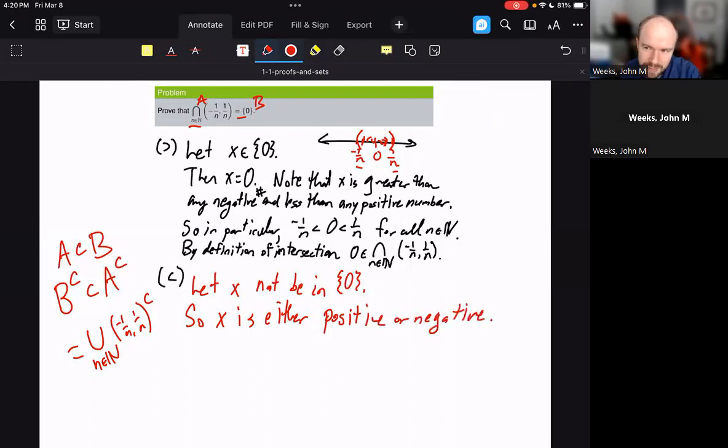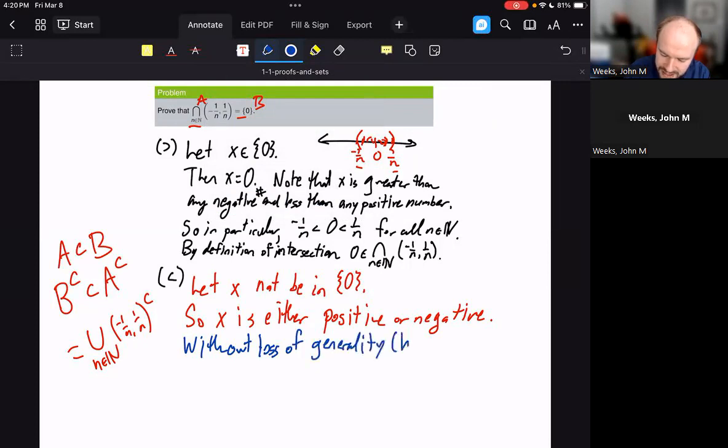I'm now going to say something that usually you would need to go back and make sure you understand why this thing works. I'm going to use a phrase here called without loss of generality. Without loss of generality for me is going to mean that for the next thing that I'm about to choose, it really wouldn't have mattered if I had chosen the other thing. I could really just make a similar argument to show this.